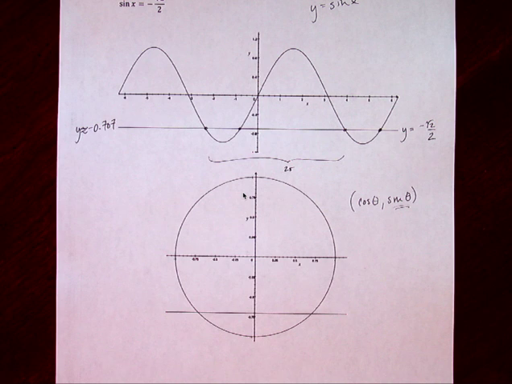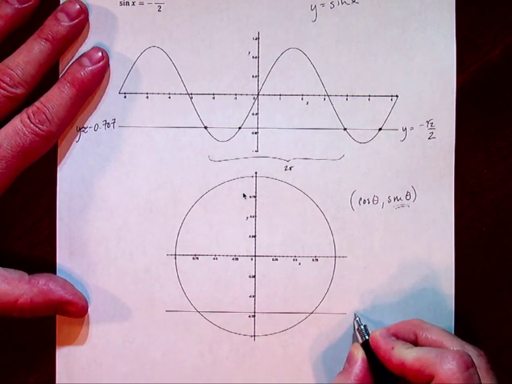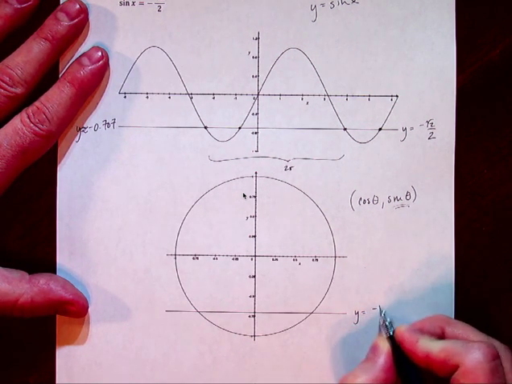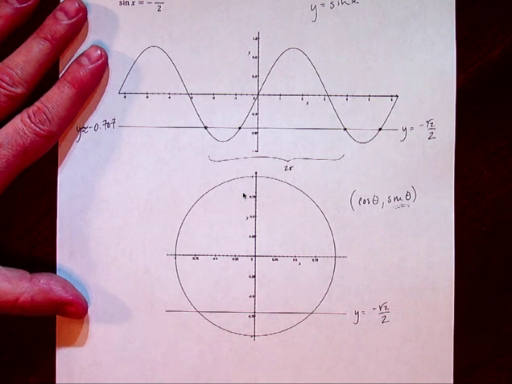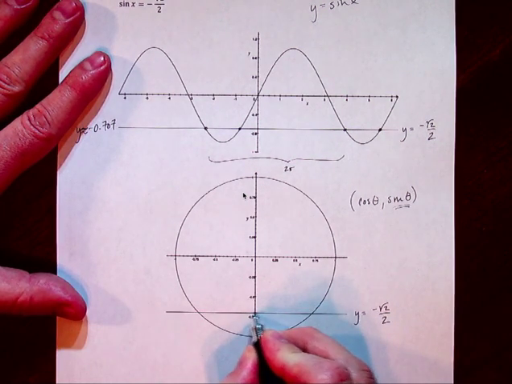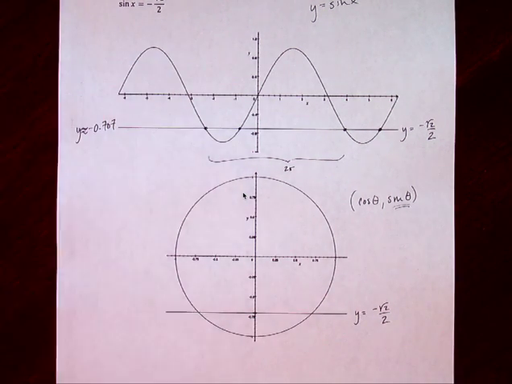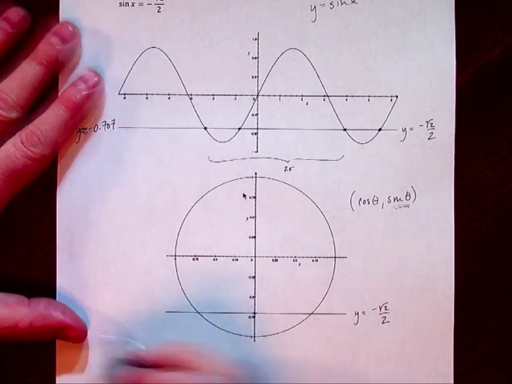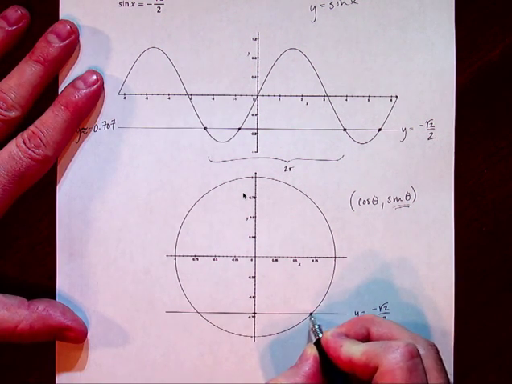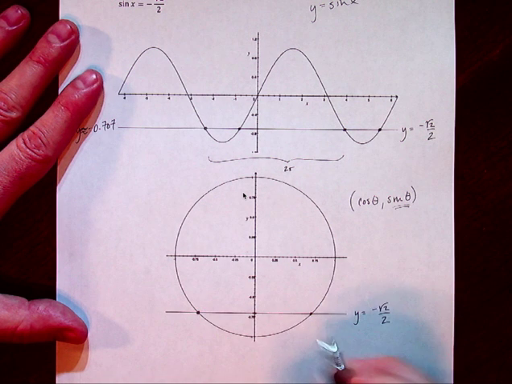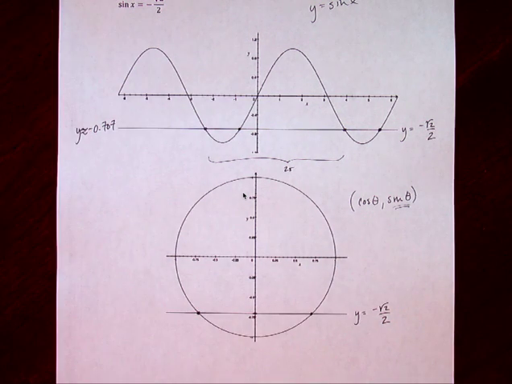So we come down here and draw a line at y is equal to negative 0.707, and draw it across to both points that correspond to that y-coordinate.